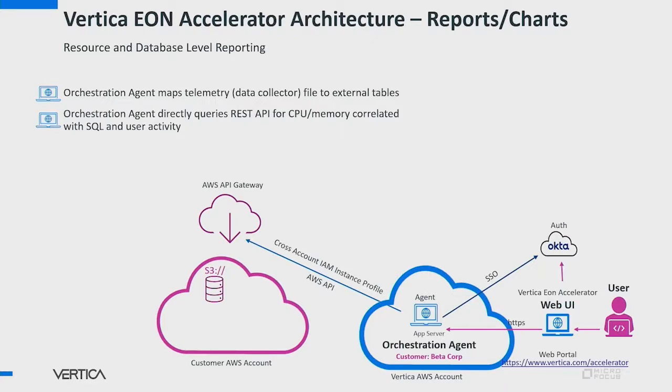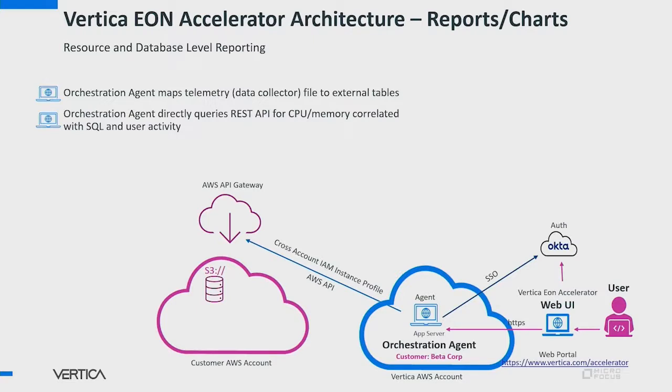So in Vertica Eon Accelerator, you can see your database information, host and node performance metrics, even when the database is turned off. That's because every time this data was collected, it was uploaded to S3 so that it is available to the orchestration agent for reporting.